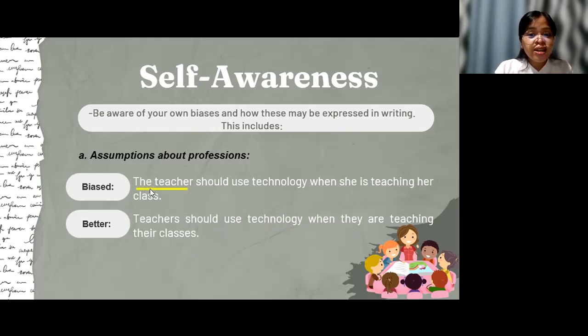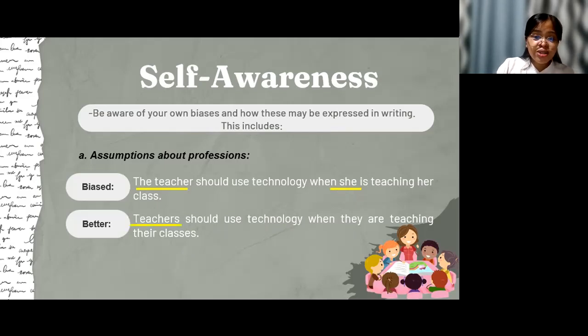As you can see here, the teacher, and then now they use the pronoun she, which is only pertaining to female teachers. It's just like an assumption that if we say teacher, it's automatically a woman. Of course, it's not correct. How about your male teachers, your sirs, right?